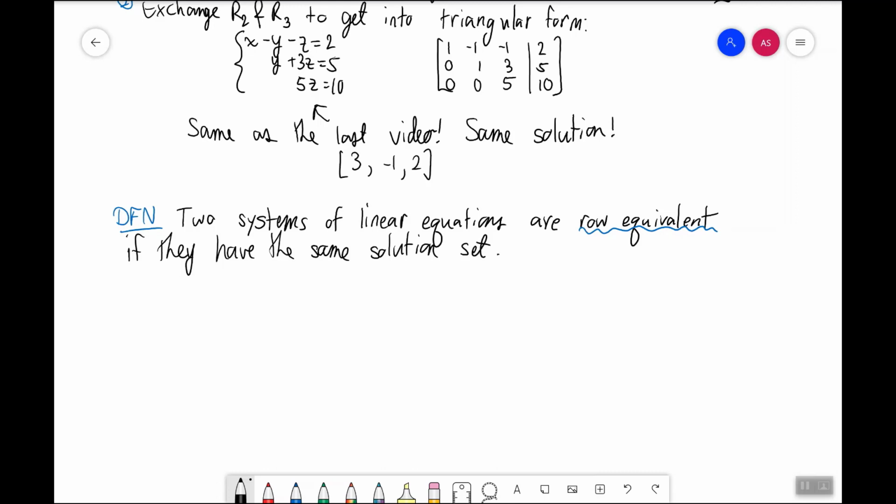So in other words, what we did above is we used a series of row operations to bring our original system of linear equations into a row equivalent system which is easier to solve.